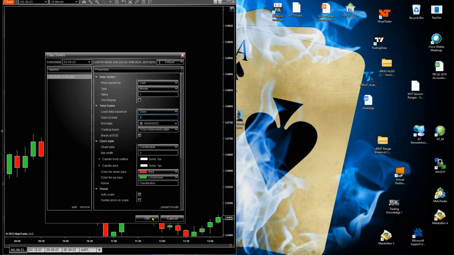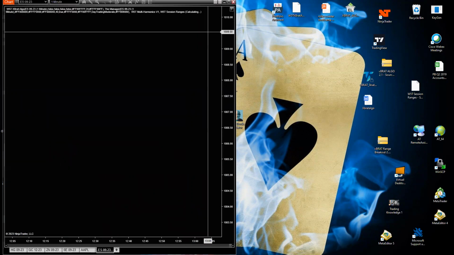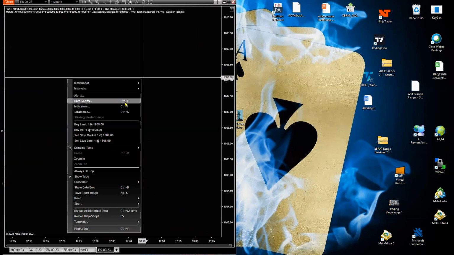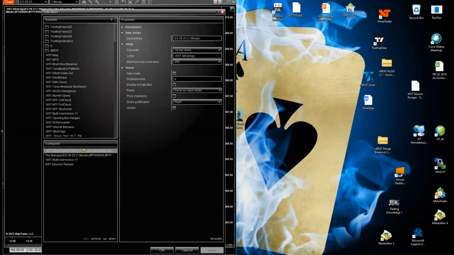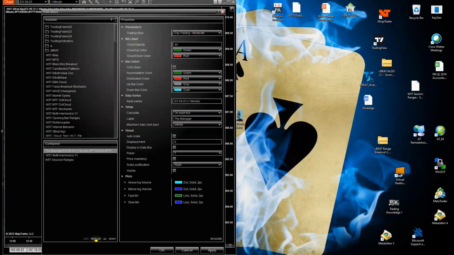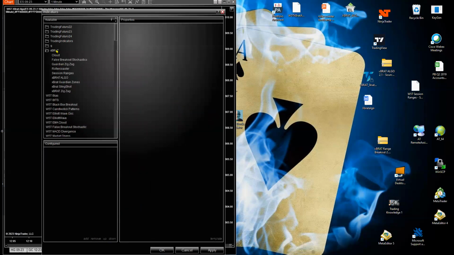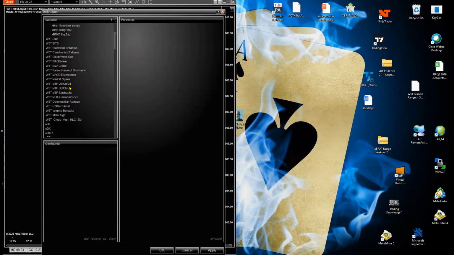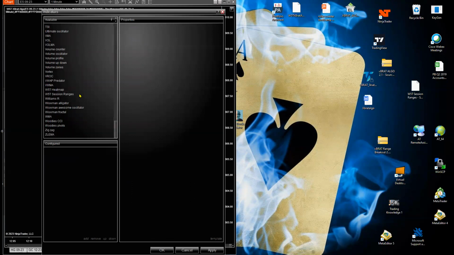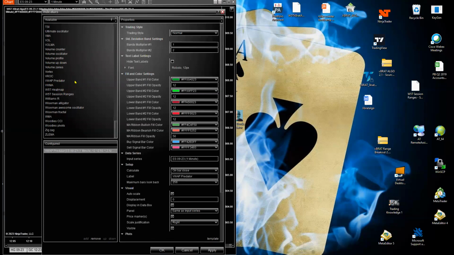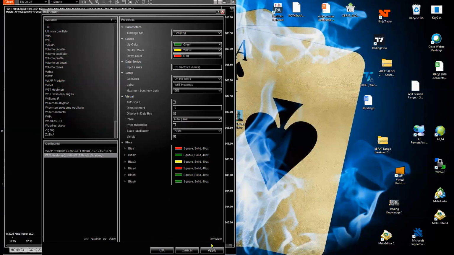Let's just go 5 days. Click OK. It starts with all the indicators. This is a problem. Let's get rid of that, that, and that. I'm going to put VWAP Predator on there. The data looks corrupt on that chart for TradingView there. And I'm going to put the heat map on.